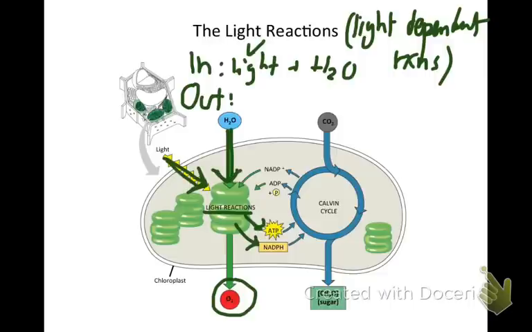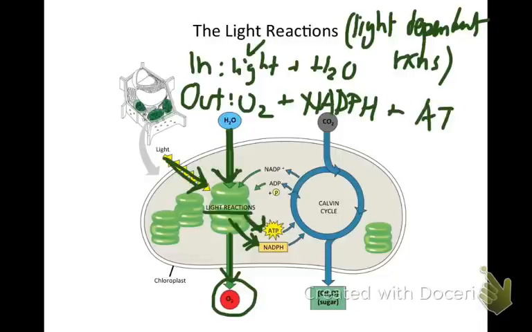And what's going out is oxygen, NADPH, and don't worry if you're like, what's NADPH? We'll go over that in just a second. And ATP. So you do have to know that in the light reactions of photosynthesis, light and water are going in, and oxygen, NADPH, and ATP are being made.